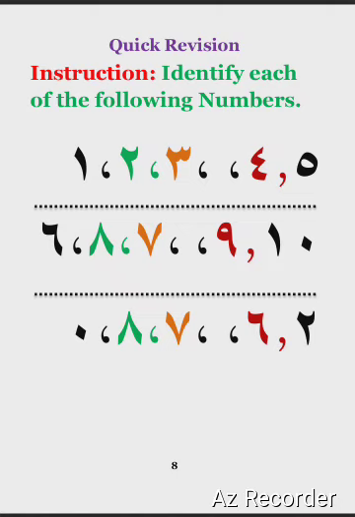So when the leg is facing left, you regard the number as اثنان, 2. And when the leg is facing right, you regard the number as ستة, 6. I hope you understand the difference between اثنان and ستة.